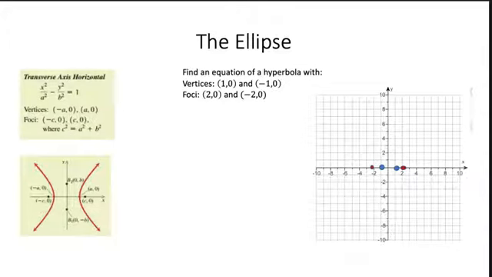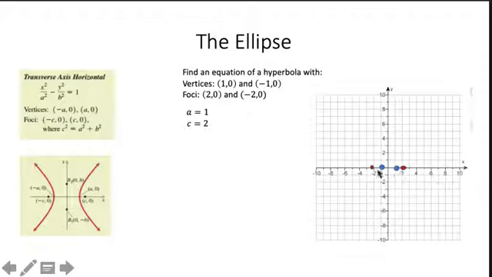And so I'm going to be following these definitions. So I need to know what a and b are. And then I'm going to find c. Well, actually, I'm going to use this information to find a and c and use that to find b. So I know a is equal to 1 because of the vertices, right?